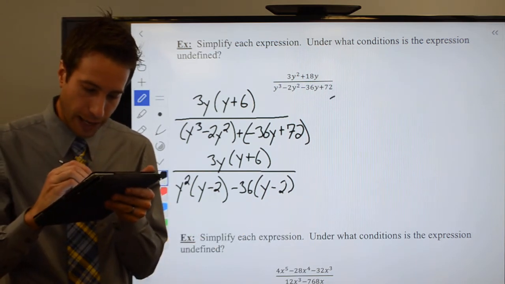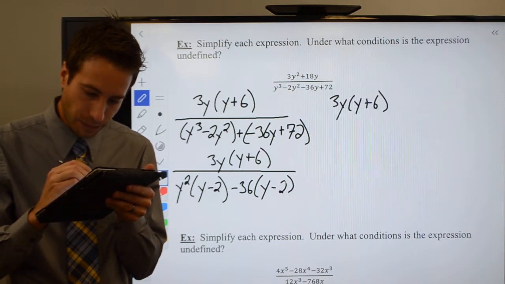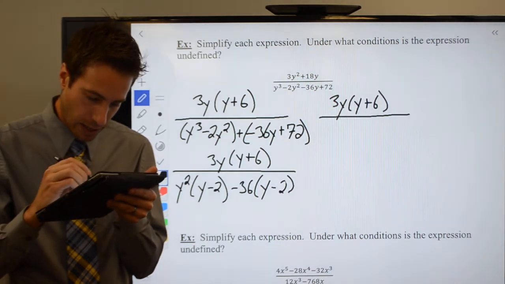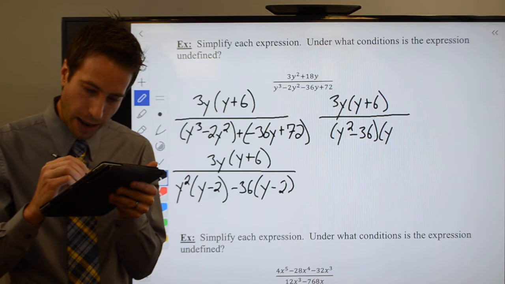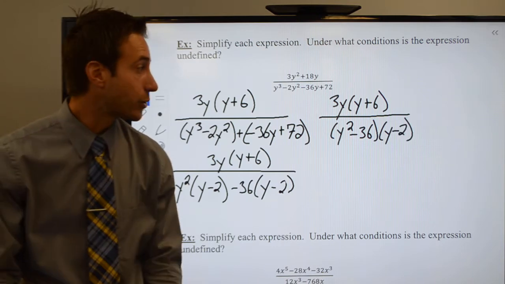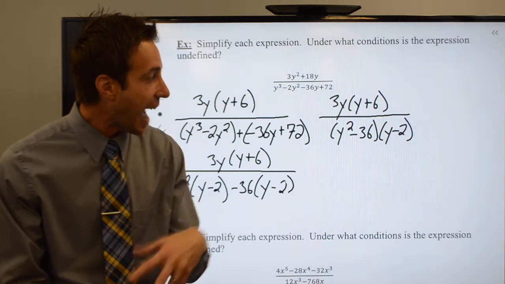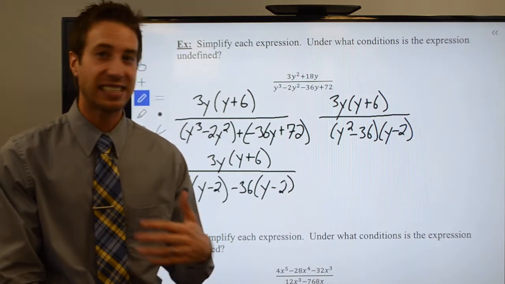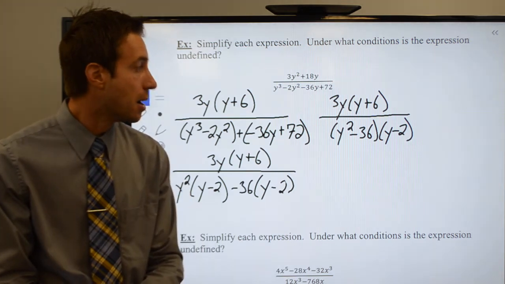So I have 3y, y plus 6, all over y squared minus 36 and a y minus 2. All right, so now we're taking a look at this and we go, we just did group and factor, but after grouping and factoring, I still don't have anything that cancels.